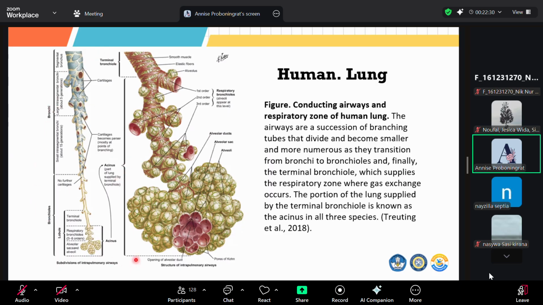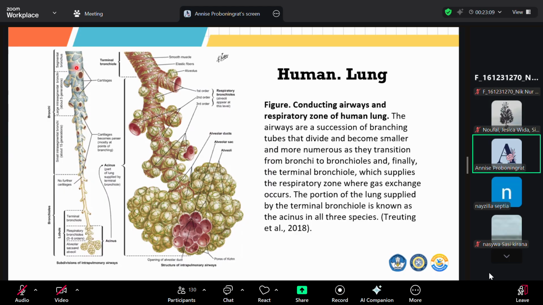This is the anatomy of the lower respiratory tract from bronchi until bronchioles. Bronchi are divided into three parts from upper to lower. The upper part is the segmental bronchus, and all bronchi have a cartilage plate located in the wall.